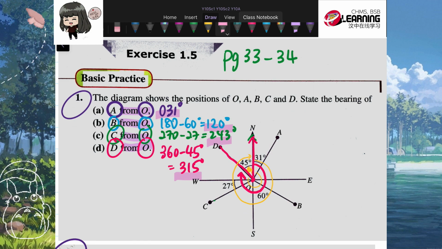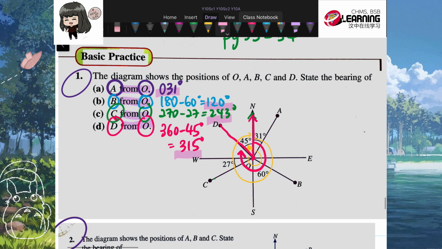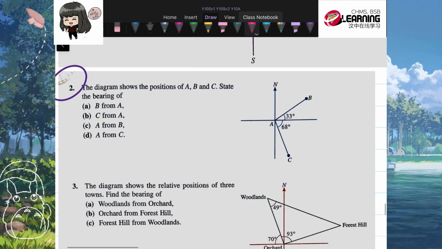Okay, so now let's look at question 2. Please tick all these answers if you're already done, and if it's correct, please tick all. Then look at question 2. The bearing of B from A. Okay, we see one by one. From A, north, and then connecting AB.